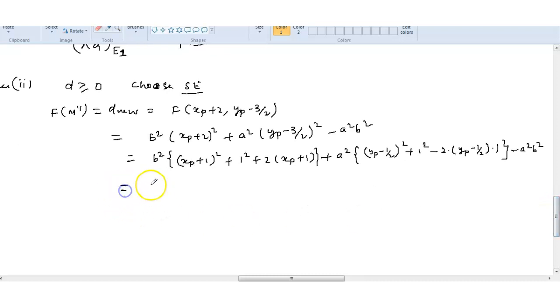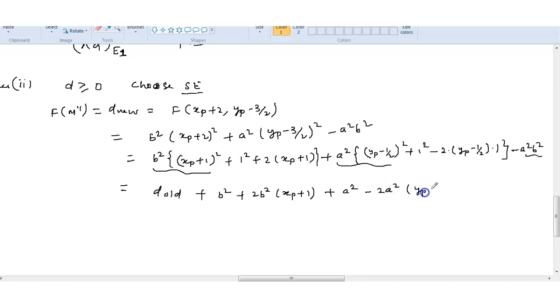If we simplify these terms, this one will be d old. So the new term is b² plus 2b²(xp + 1) plus a² minus 2a²(yp − 1/2).